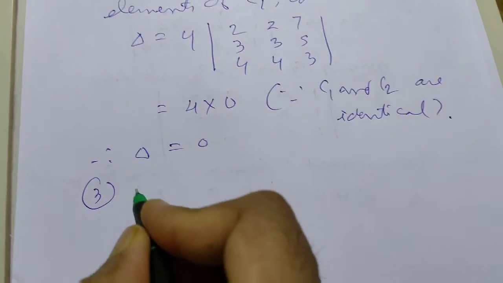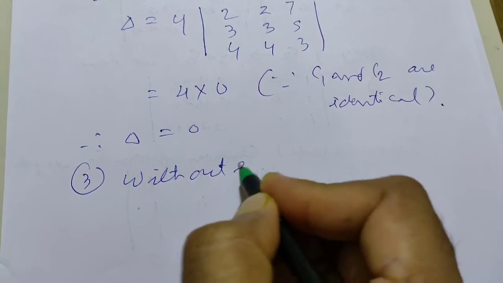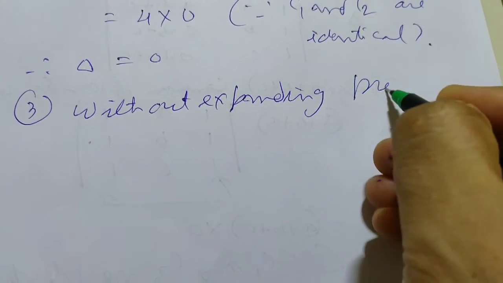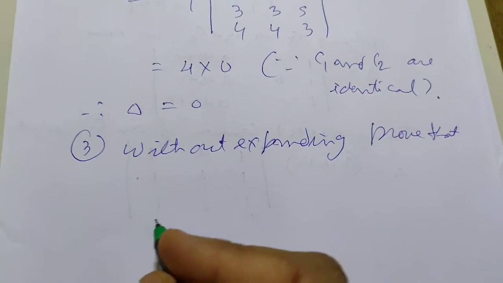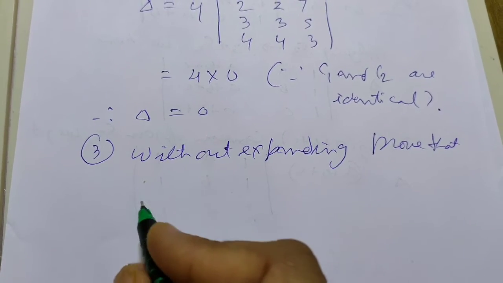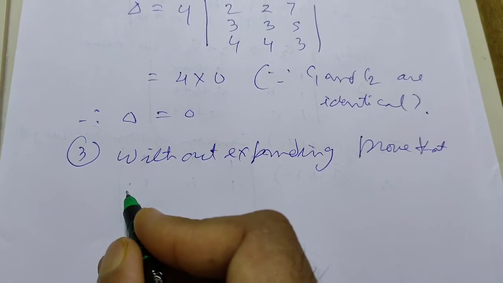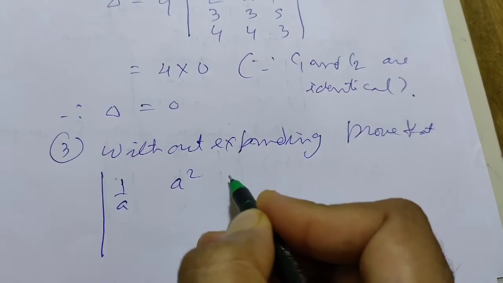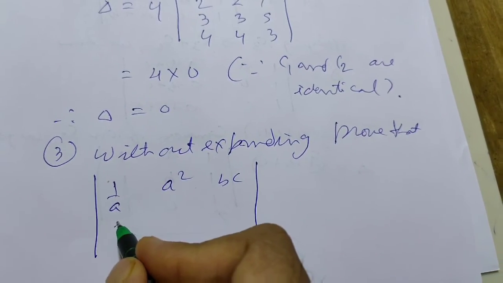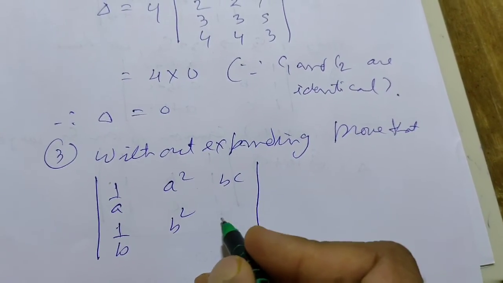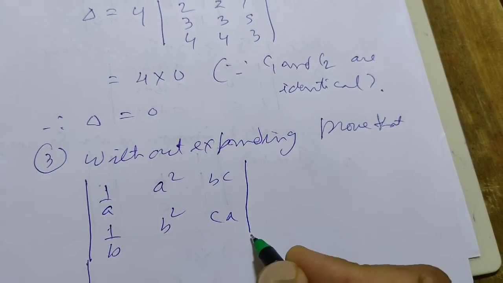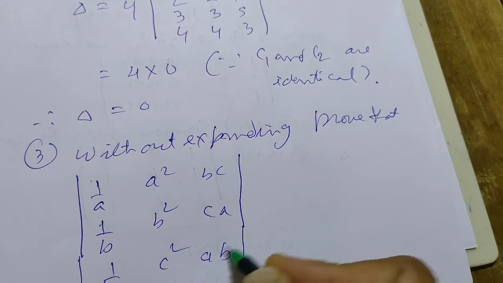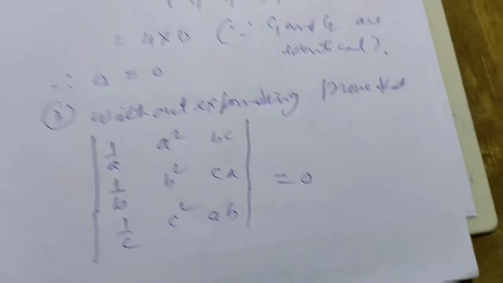Without expanding, prove that the determinant with entries 1 by a square bc, 1 by b square ca, and 1 by c square ab equals 0. So this is what you have to prove. This is your practice work.